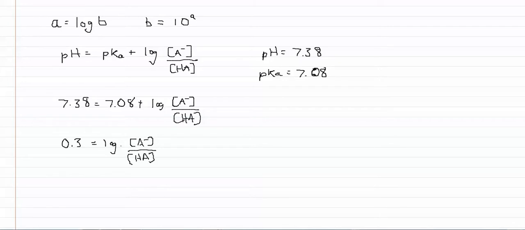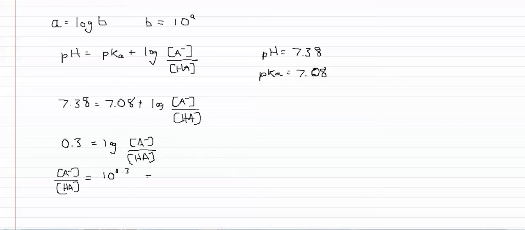over HA. And this is where our rule that if a equals log b, then b must equal 10 to the power of a comes in handy. Because if we take a to be 0.3 and b to be the A minus over HA, then we can say that b, A minus over HA, equals 10 to the power of a, which in this case is 0.3.